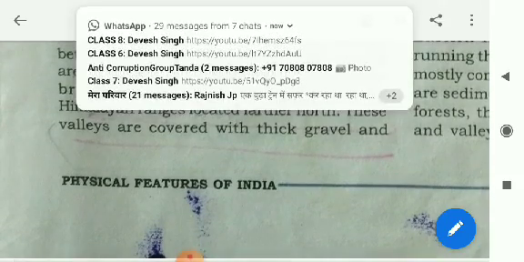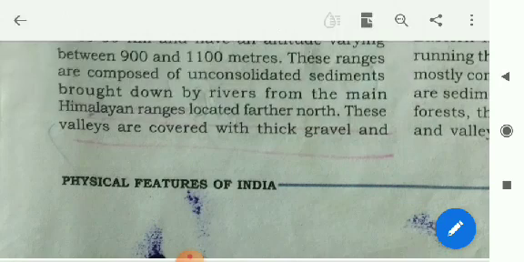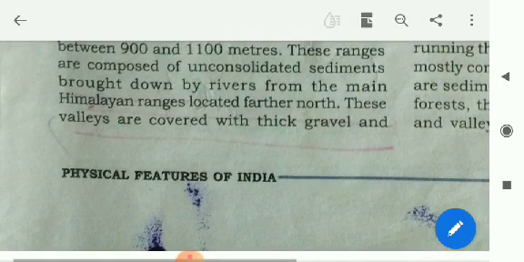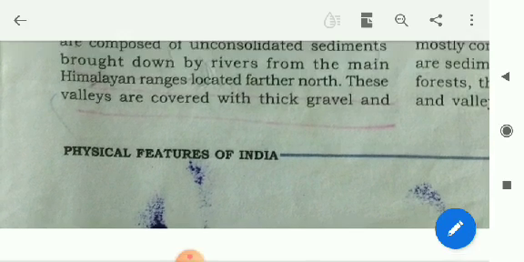These ranges are composed of unconsolidated sediments brought down by rivers from the main Himalayan ranges located further north.